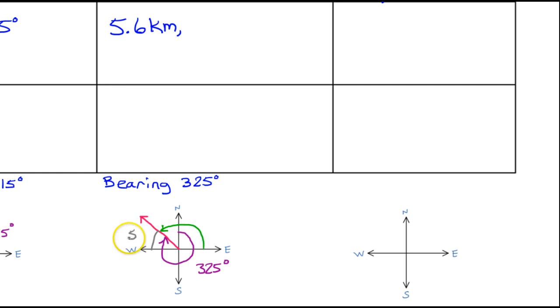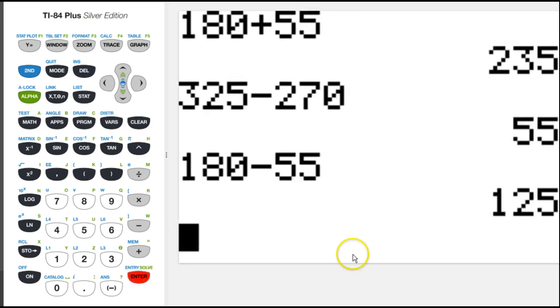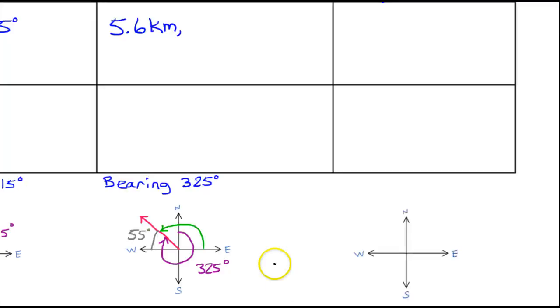So the reference angle is 55 degrees again. Okay, so the angle theta that we need, the green direction measured from the positive x-axis, is going to be 180 minus 55. So that's 125. And this is the direction angle that we need for the chart.